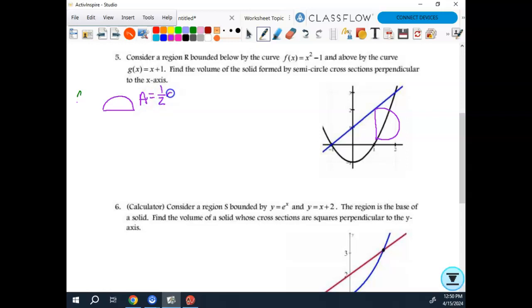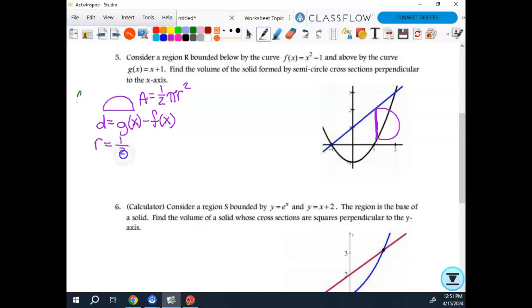Because pi r squared is the full circle. So what part of the circle is this? The diameter. The diameter is g of x minus f of x. I don't want the diameter, I want the radius. How do I find that?